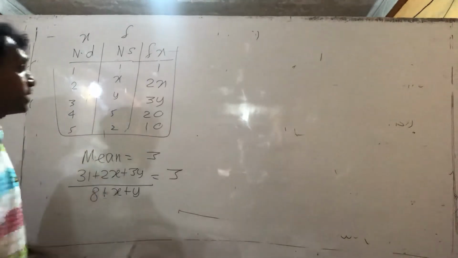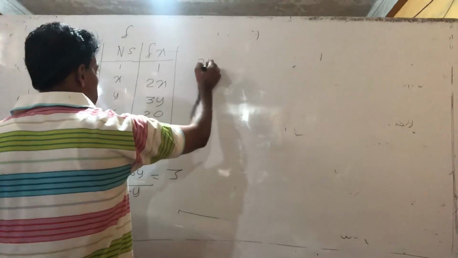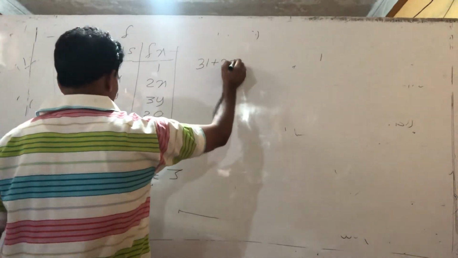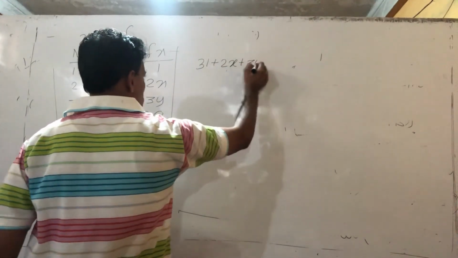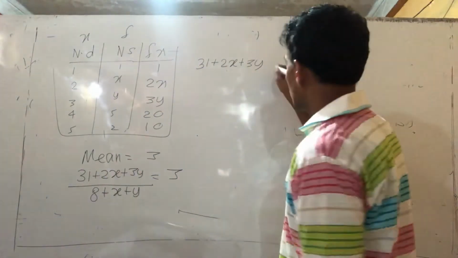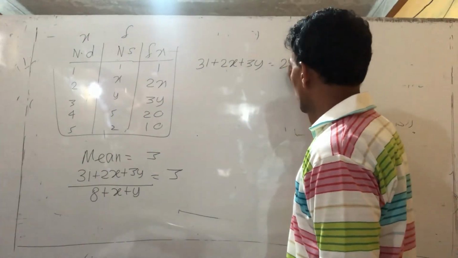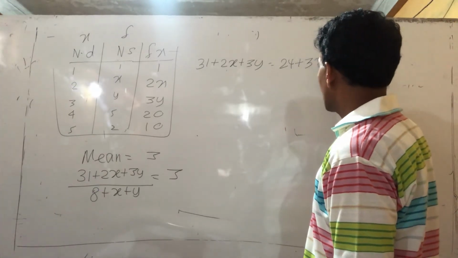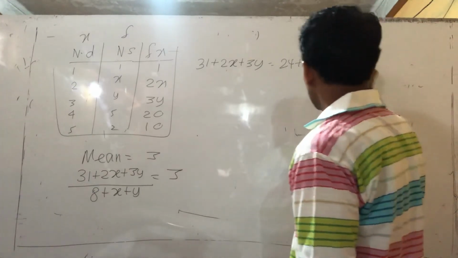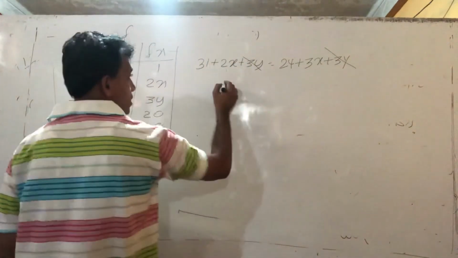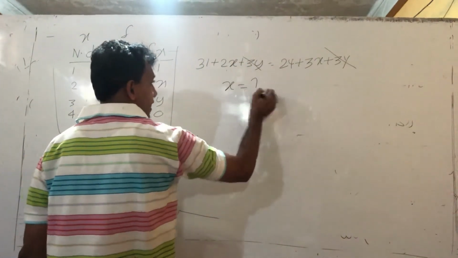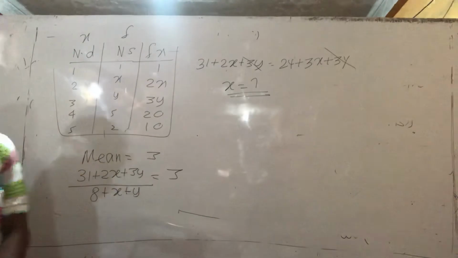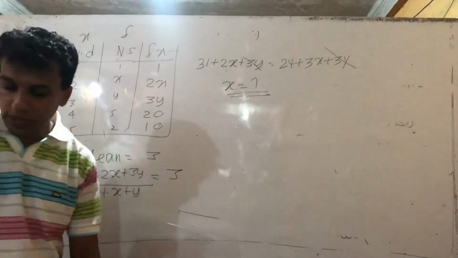If you cross multiply, 31 plus 2x plus 3y equals 3 times 8 plus x plus y, which is 24 plus 3x plus 3y. The 3y cancels, and you can find the answer: x equals 7.